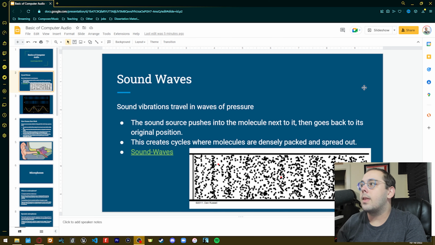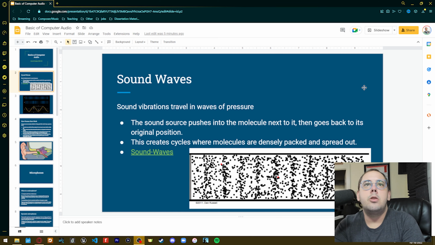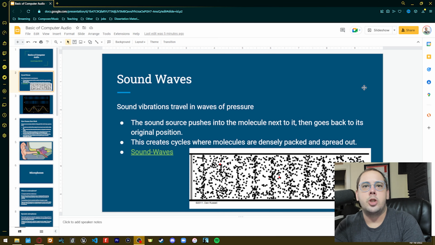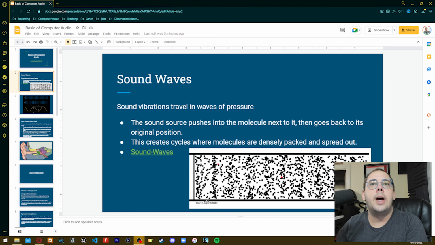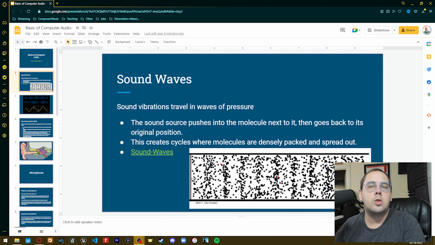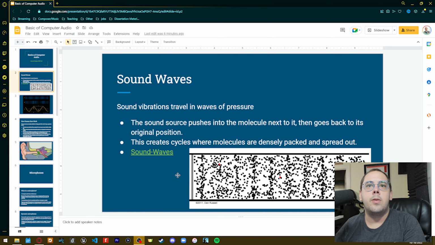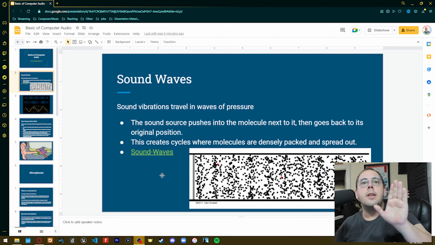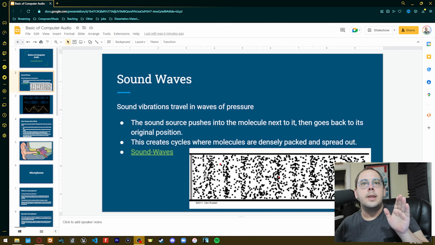So, let's talk. Basically, sound travels in waves of pressure from a source. I've got this wonderful little old diagram from Dan Russell here, and this is showing that the sound source is going to oscillate, move back and forth, and that's going to be pushing the air molecules next to it, and then they're going to bump into the ones next to them, and so on.